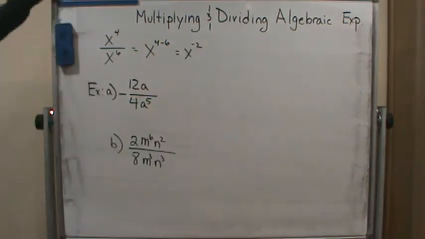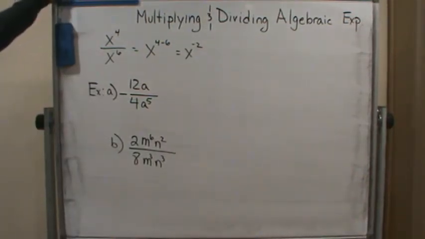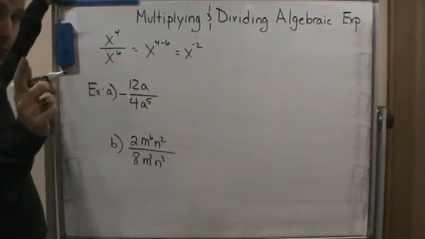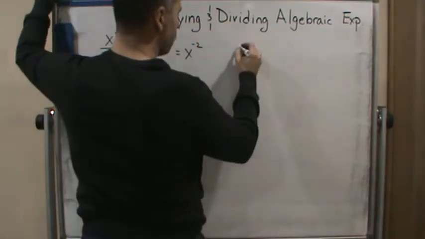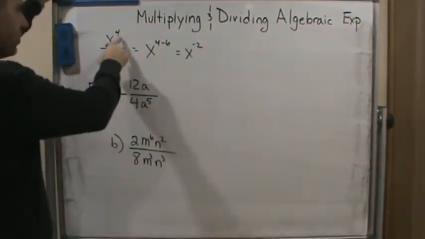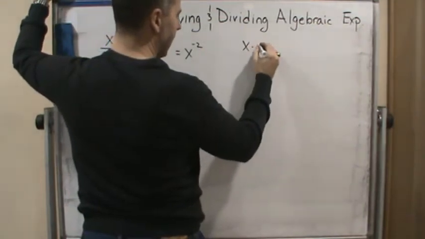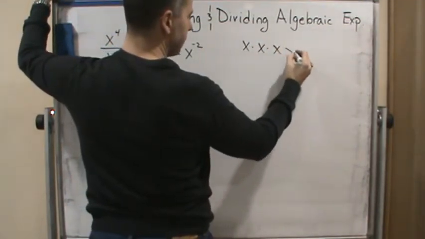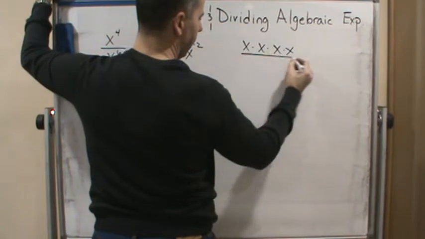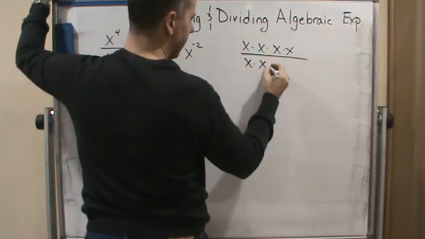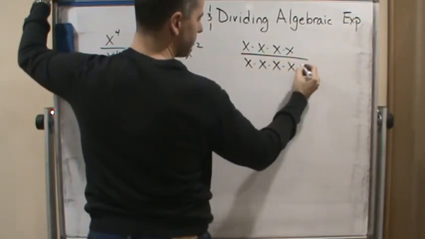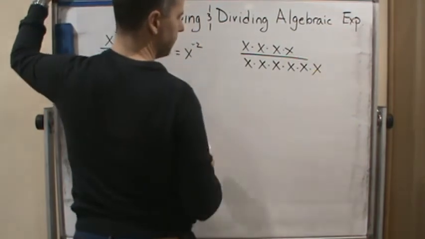So what does this mean? Well, let's do it the other way and see what we get. Let's just write it out by using the definition of an exponent. If we write it out, we get x times x times x times x over x times x times x times x times x times x.